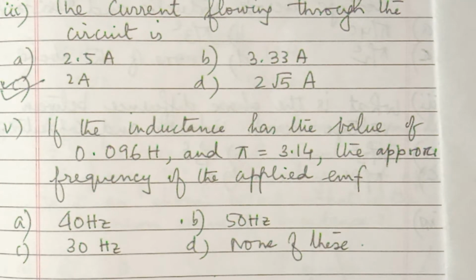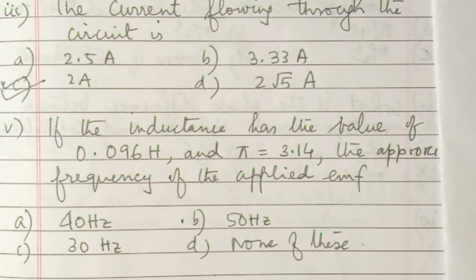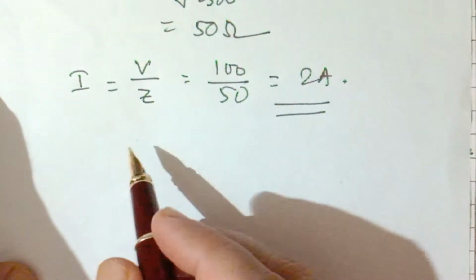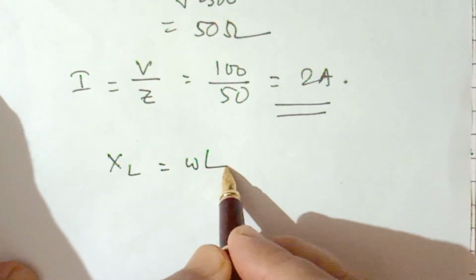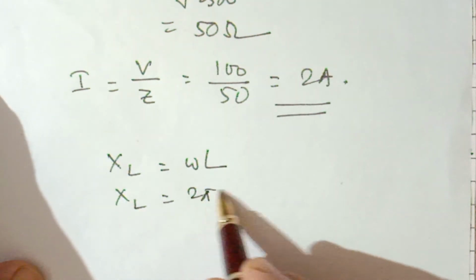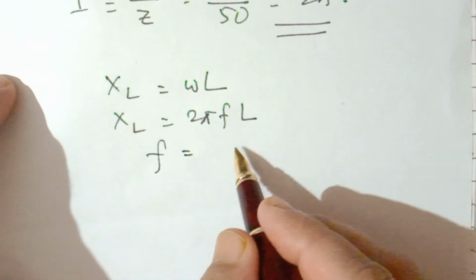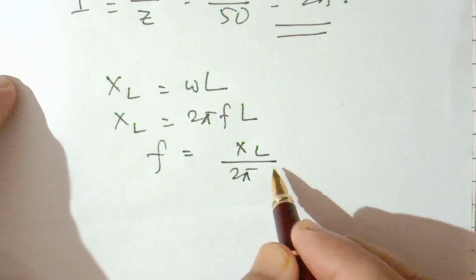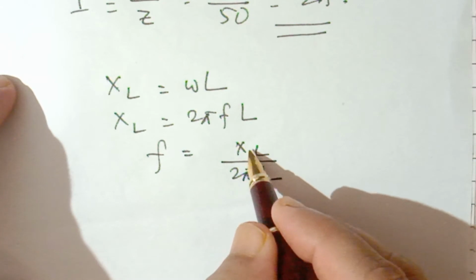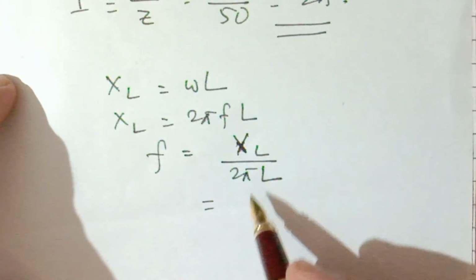Here L is given, pi is given, and you have to find the frequency. As you know, XL is equal to omega L, and from here we can find the frequency. Omega is equal to 2 pi into frequency, so frequency will be XL by 2 pi L. XL we have already got as 30.